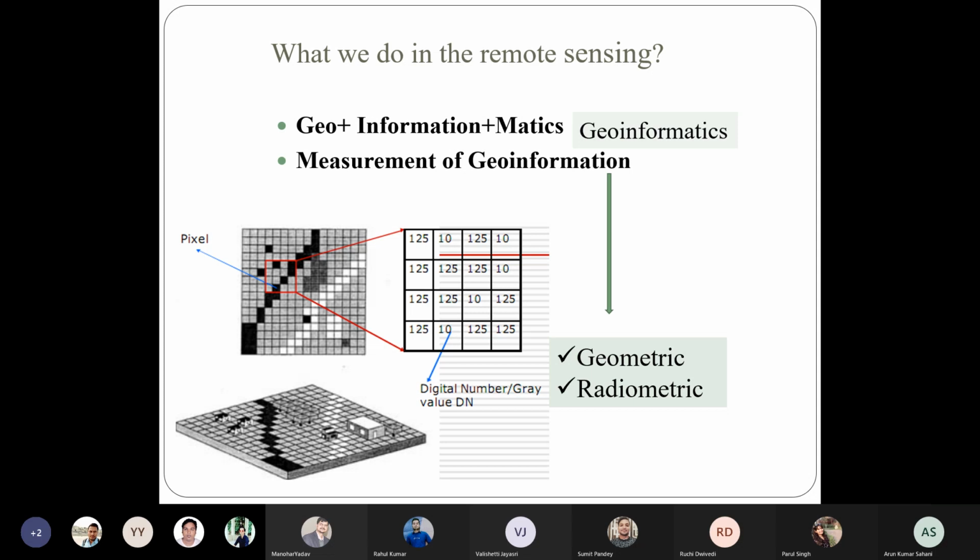In the daytime, if we are looking at an object, the reflected energy is already there from that object. That reflected energy is sensed by our eyes, the magnitude of energy is analyzed, and finally we see a specific color from that object.